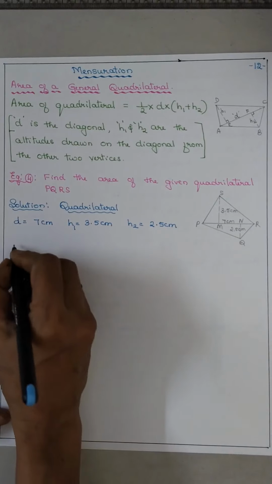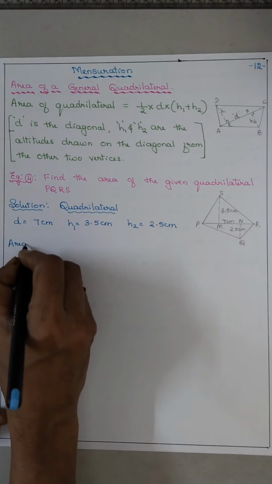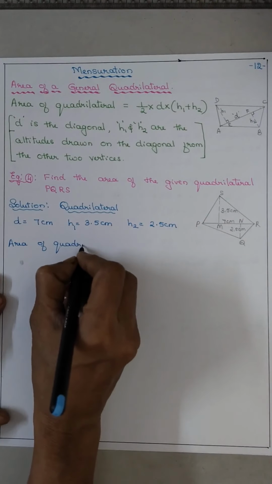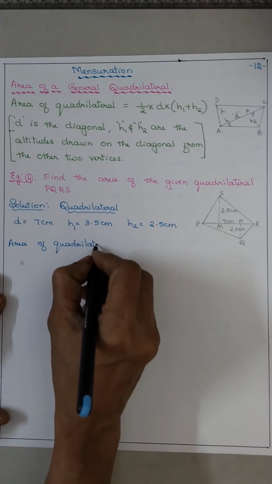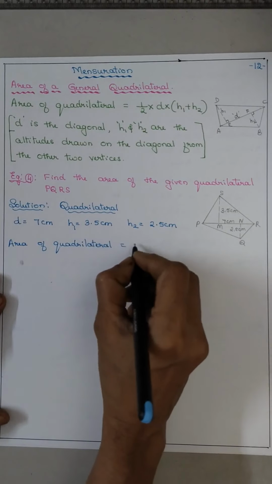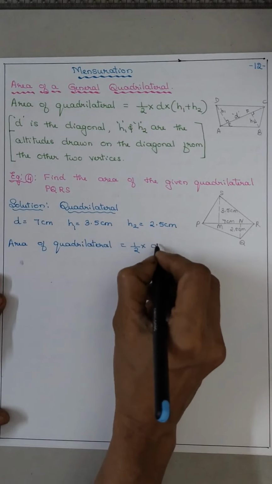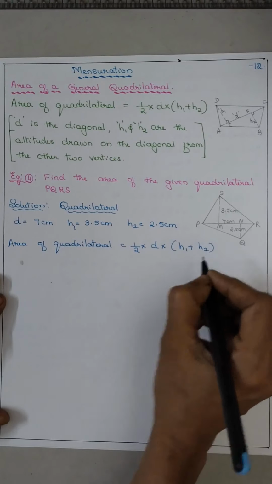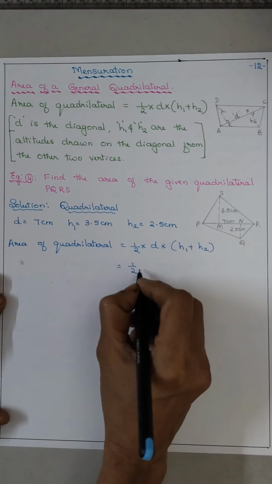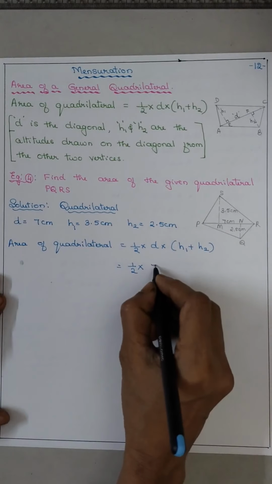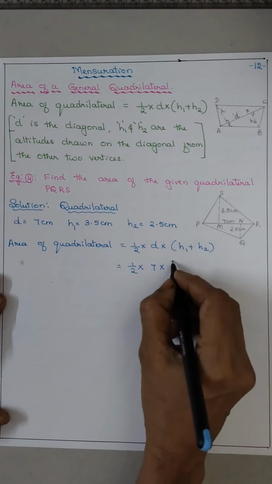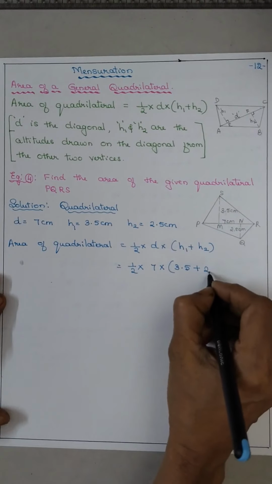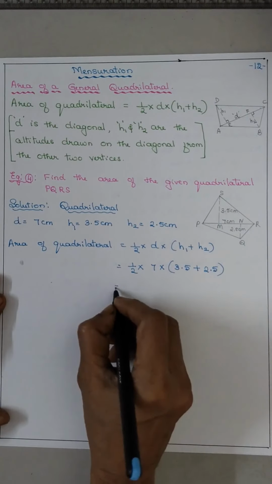Now write the formula. Area of a quadrilateral is equal to half into D into H1 plus H2. Now half into D is 7 into H1 3.5 plus 2.5.